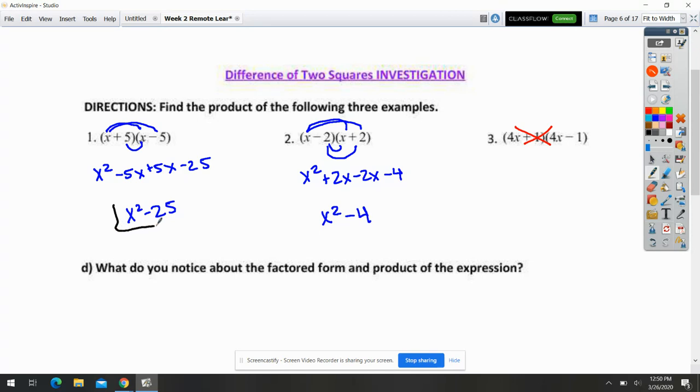So what do you notice about the factored form and the product? Well, if you take a look, the product becomes a binomial, right? It only has two terms. And another thing I want you to notice is that here, the square root of 25 is positive and negative 5, okay?